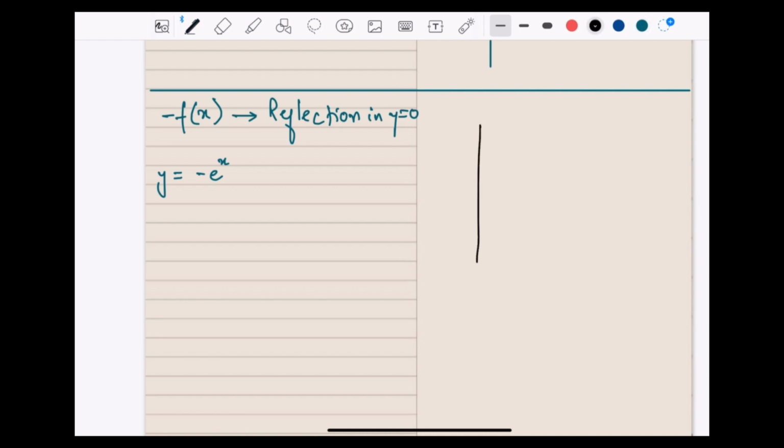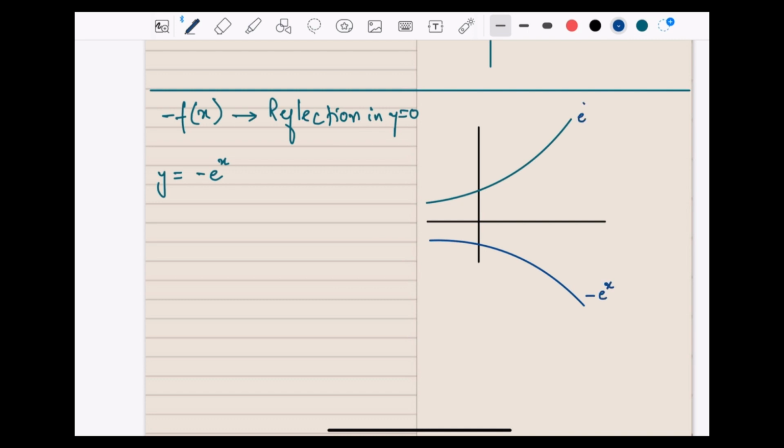If I draw these axes, and this was the original function, the other function is going to look like this. So this is minus e to the power of x.